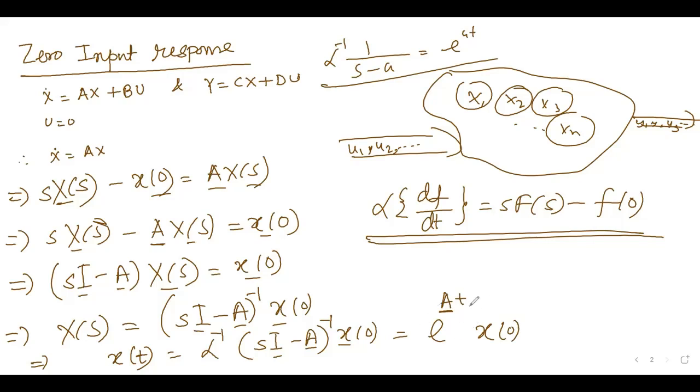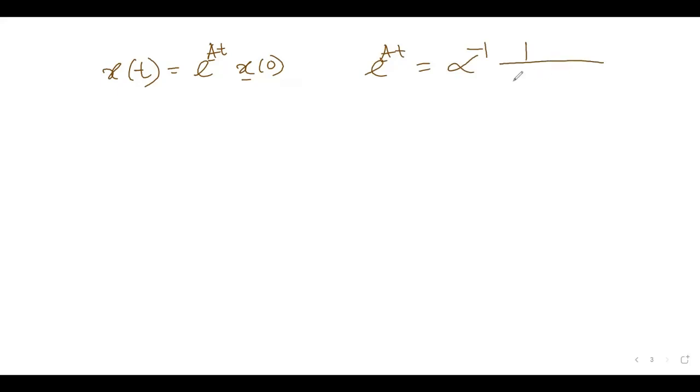So the state response due to initial condition is e to the power At x0. Now what is e to the power At? Remember, e to the power At is the Laplace inverse of (sI minus A) inverse, where I is the identity matrix.